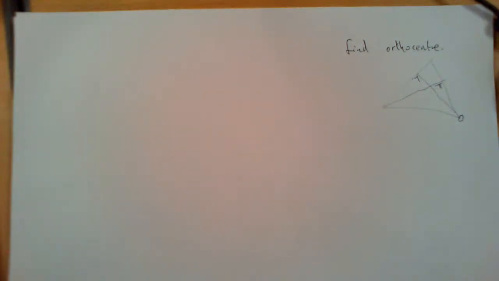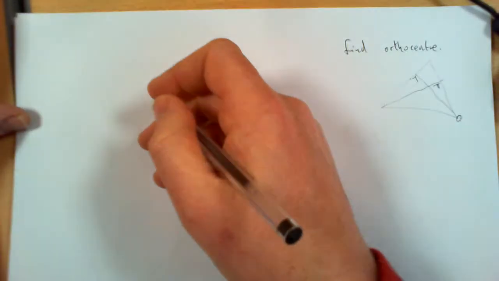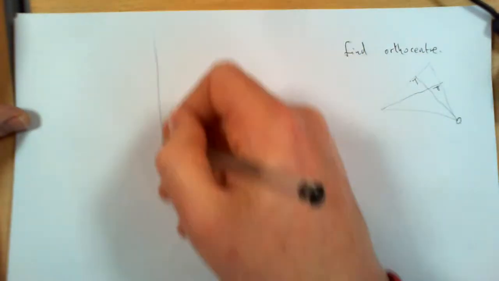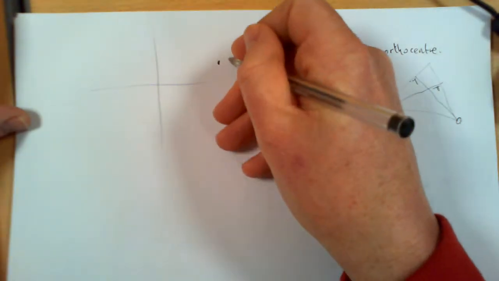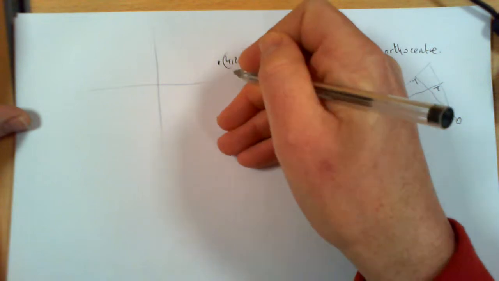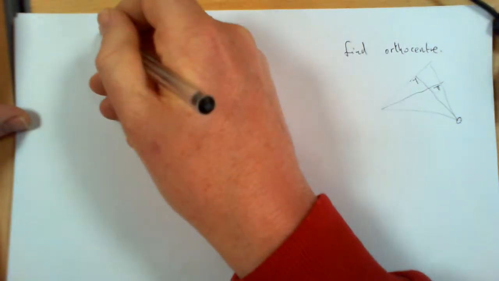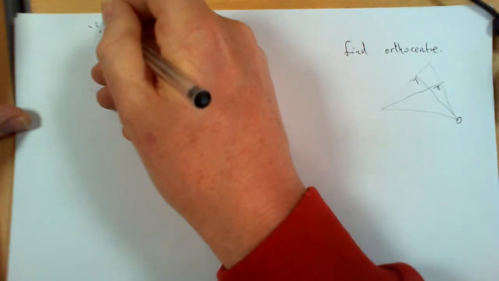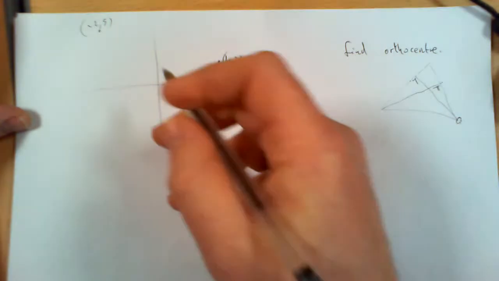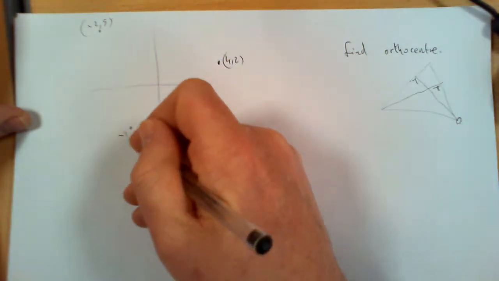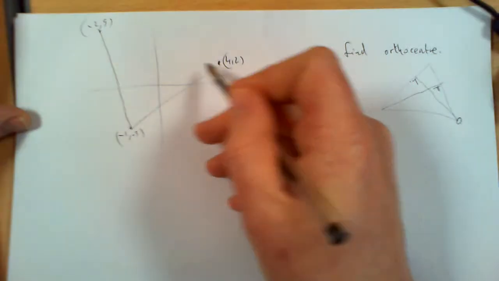Let's see what we're given. Let's say we have (4, 2), (minus 2, 5), and (minus 1, minus 3). I'm going to do a quick sketch, a triangle that looks something like that.